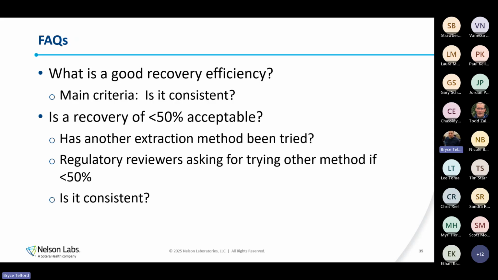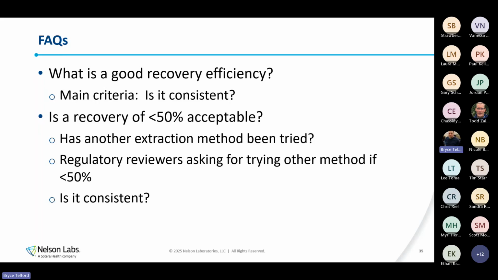Now, that being said, if I am below 50% and I have a consistent recovery efficiency, that is good and can be acceptable. However, I still might want to consider improvements to the method in order to try and get a higher recovery efficiency. So it's kind of an it-depends situation.